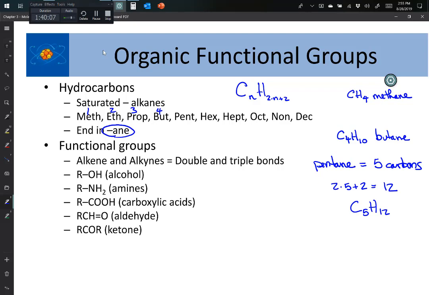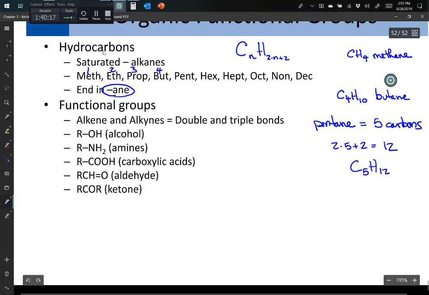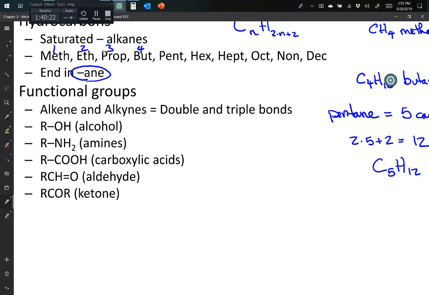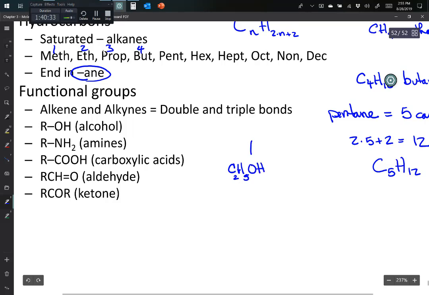Now, if I take an alkane and I add a different element to it, that element becomes part of what is known as a functional group. So if I have C2H5OH, this is known as an alcohol.